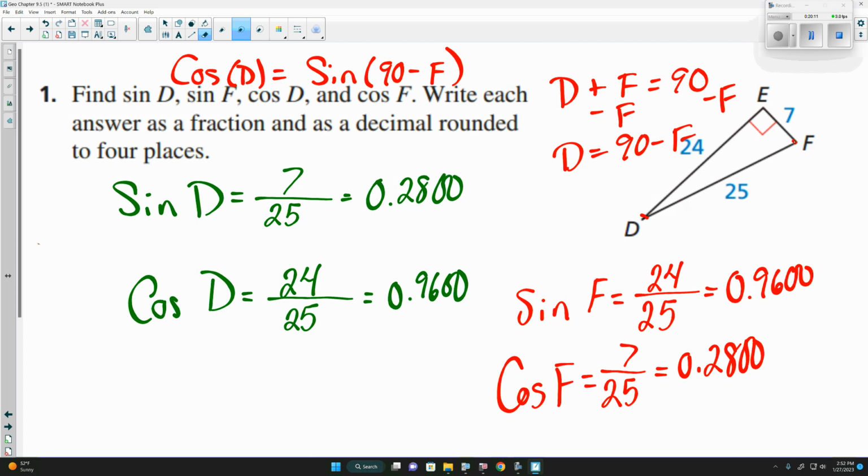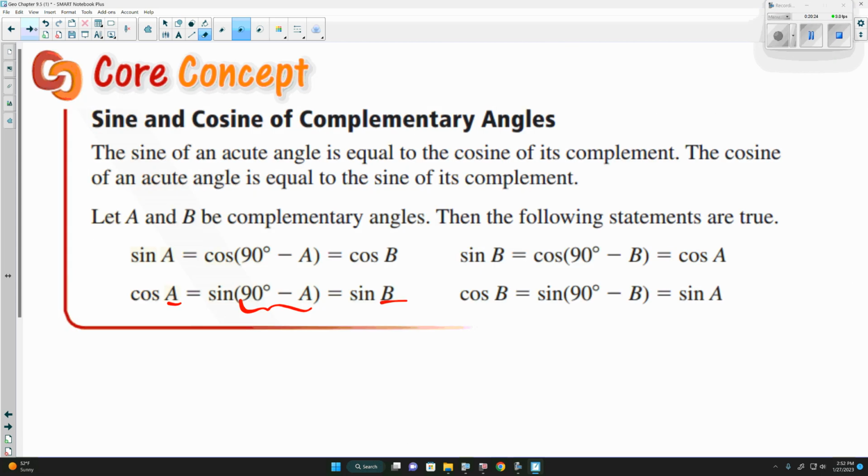That's also why sine of angle D is equal to the same thing as cosine of F, just for those to be the same. The same is true for sine, because for those two angles to be the same, 90 minus that angle gives us the comparison.